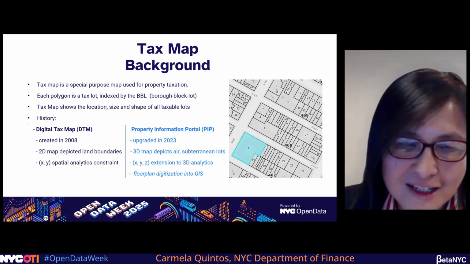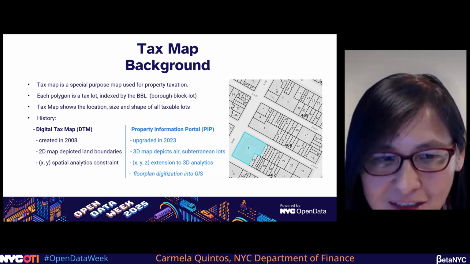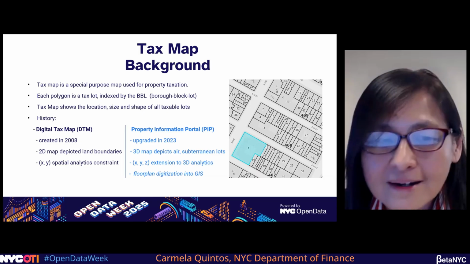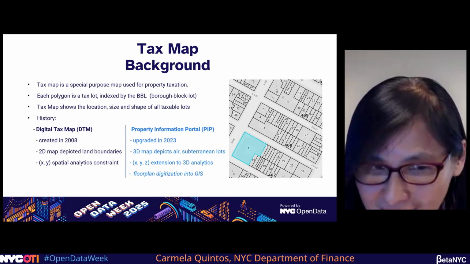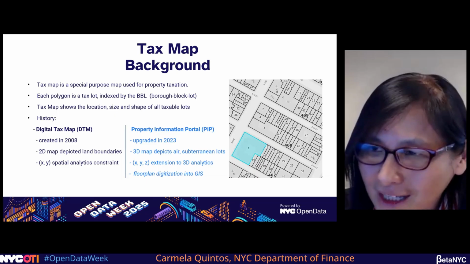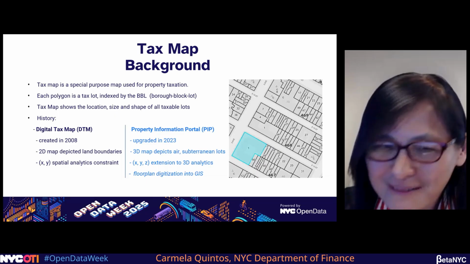On the history of the tax map, it was originally known as the digital tax map. It was created in 2008 when Mylar maps were digitized into GIS. So imagine prior to 2008, we only had paper maps. I'm sure some of you remember that.